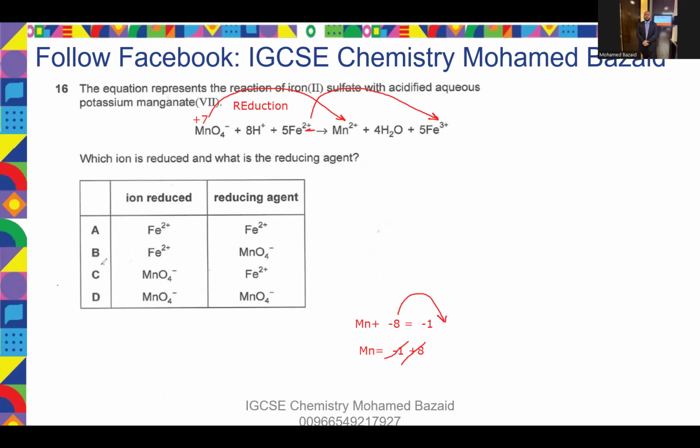So the answer is letter C. MnO4 ion is reduced, and the reducing agent is Fe2+ because it is oxidized, as you know. The substance which has been oxidized is the reducing agent, and the substance which has been reduced is the oxidizing agent. So the answer in this question is letter C.